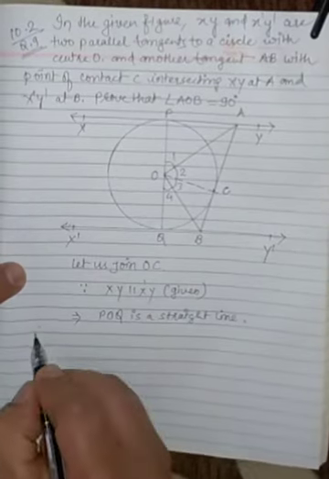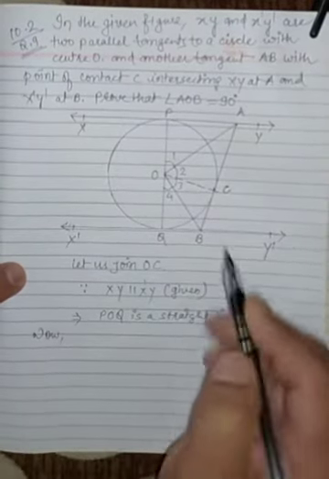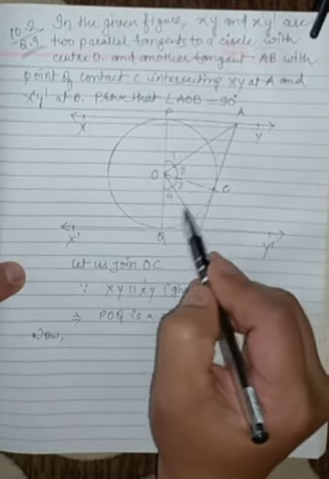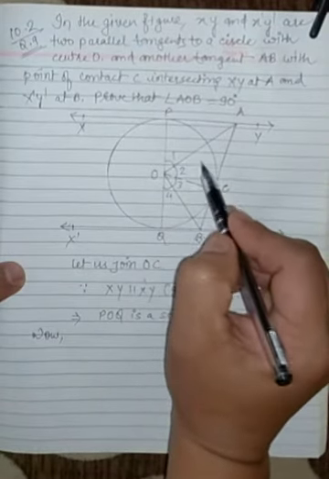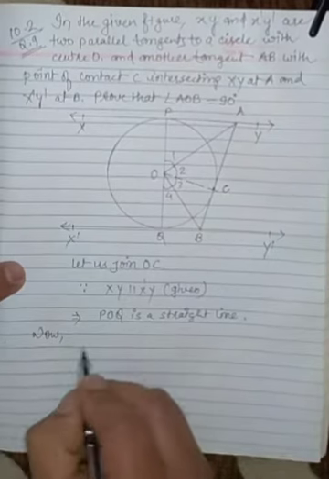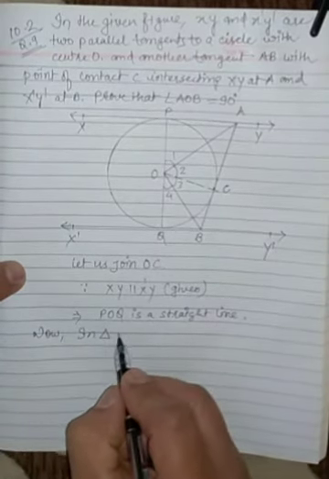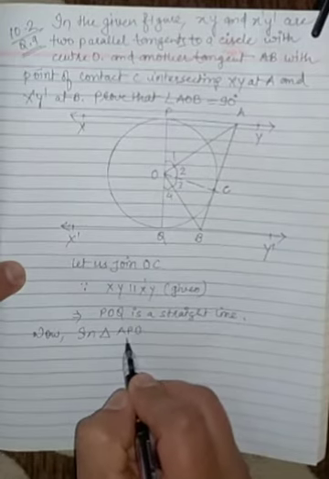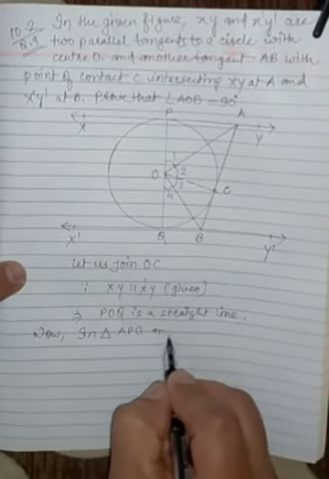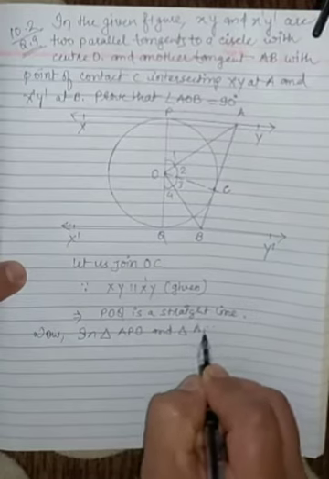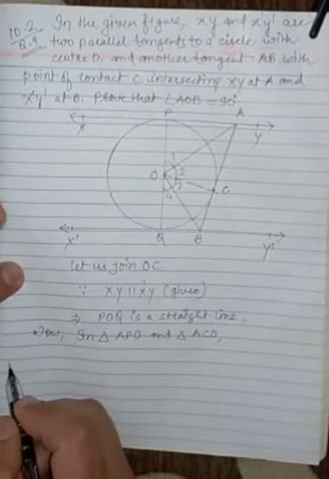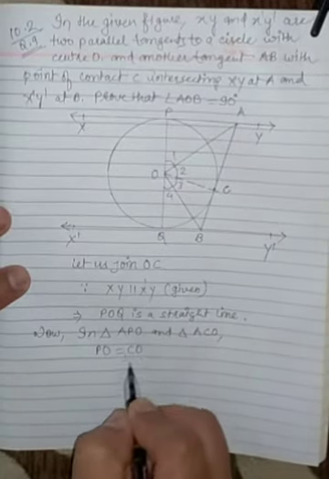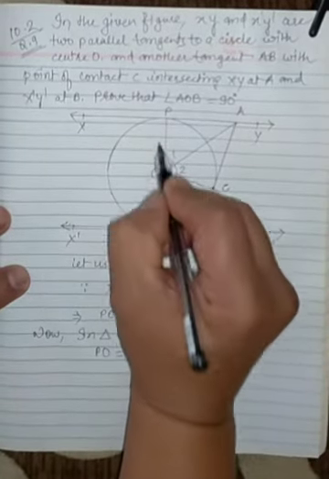Now we will take these two triangles, and similarly these two. First we will prove these two triangles congruent. In triangle APO and triangle ACO, PO is equal to CO, both are radius.